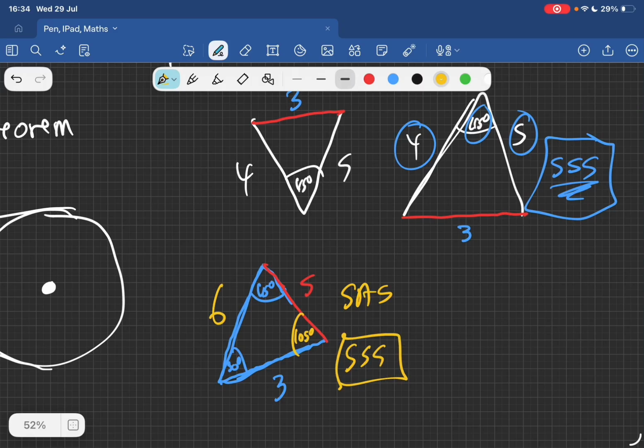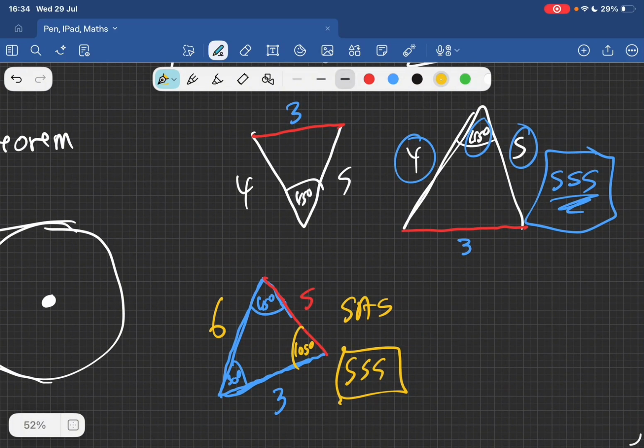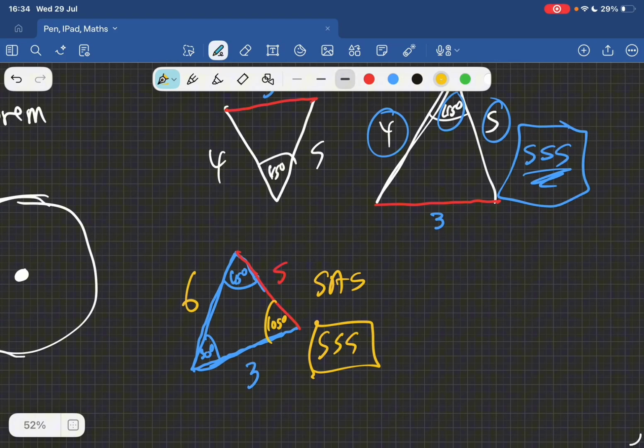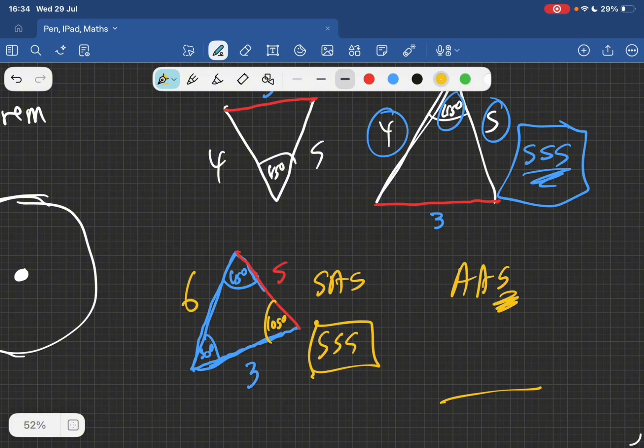So everything goes back to side, side, side, but these are just different situations that we might uncover. So angle, angle, side. Key thing here is this side that we know is opposite an angle that we know.